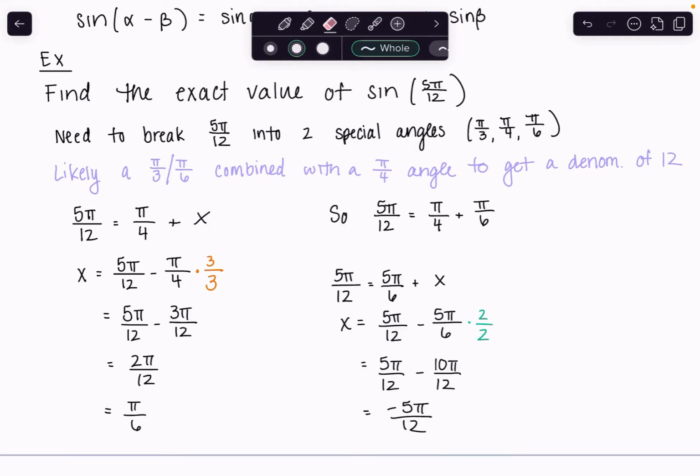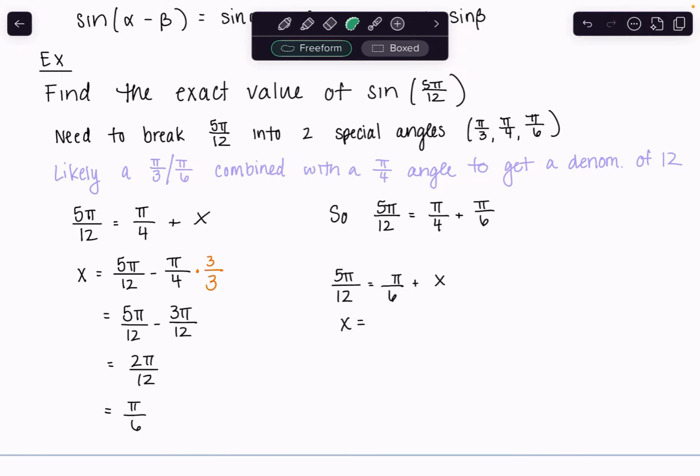To show you one that does actually work out, let's make this 7 pi over 6, okay? So if I want one of my angles to be 7 pi over 6, let's see what x has to equal. So it adds to 5 pi over 12. And so same thing again, I would subtract 7 pi over 6.